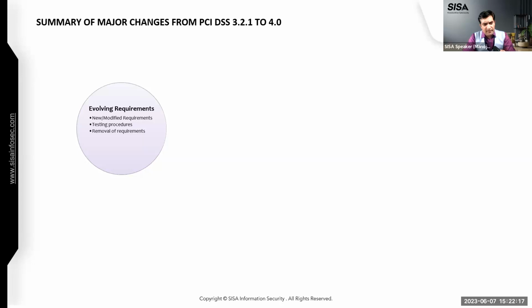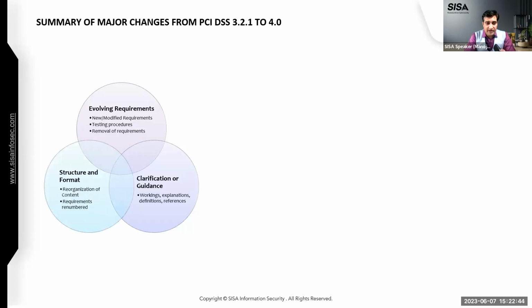There are some requirements which have been removed, right? It's all done just to make sure that the framework is in line with the latest evolving technologies and the risk which is coming across, right? Then there are a lot of clarifications also added in the particular framework. You can see a lot of explanation, definitions, references, examples, a lot of things, right?